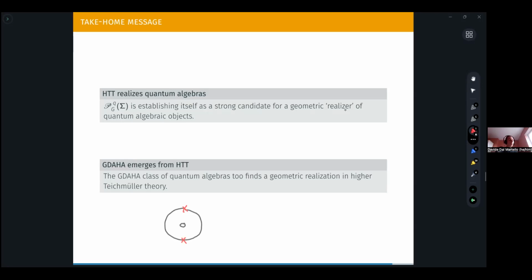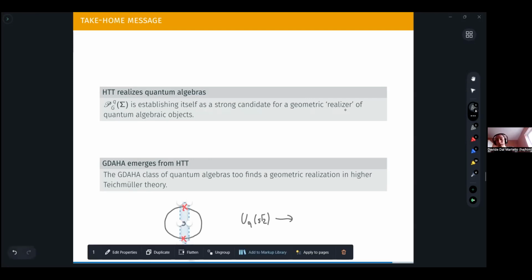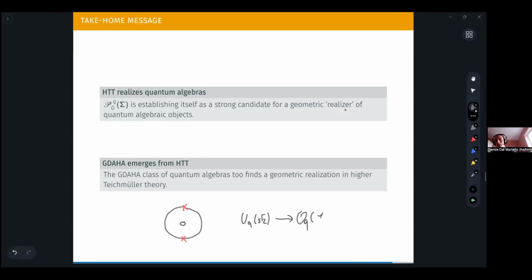And by doing that, they essentially do a map like this. Let's say the most prototypical case is realized into quantum functions over L G sigma, where sigma is this surface and G is PGL2.